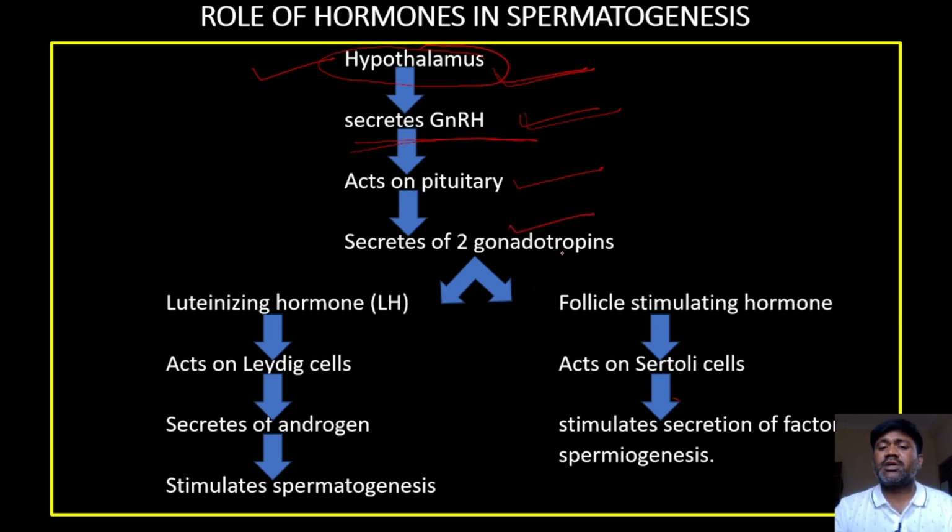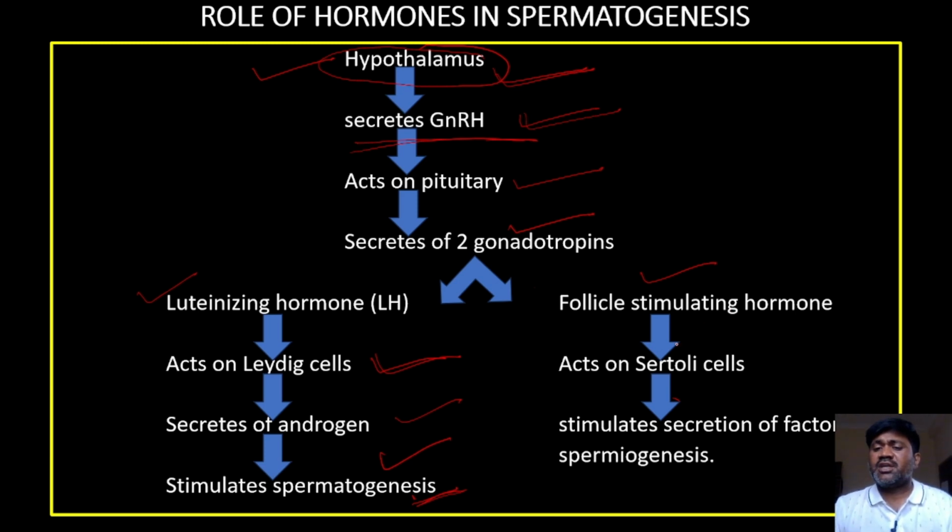The pituitary releases gonadotropins, luteinizing hormone and FSH, follicle stimulating hormone. Luteinizing hormone acts on the Leydig cells in the testis, and these Leydig cells secrete androgens, like testosterone. Then it stimulates the spermatogenesis process, the sperm cell formation.